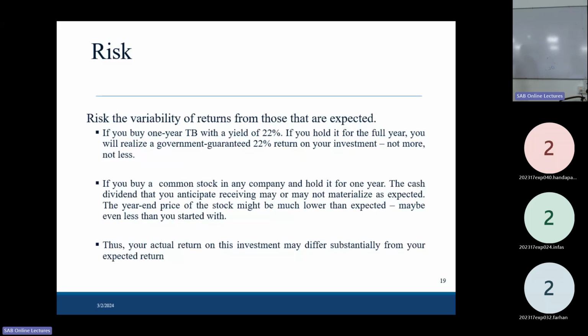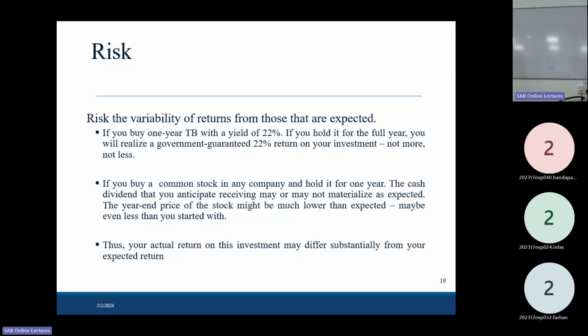So if you invested in the stock market, you will be exposed to this risk. If you invested in the treasury bills, you will get that return as it is guaranteed by the government. But if you are going to other investments, even in the stock market, or the bonds investment, you have a certain level of risk. Your expected return can go up and down. So that is the variability.